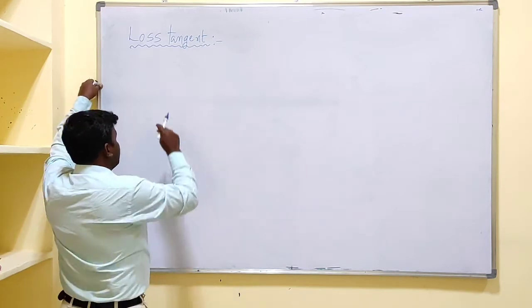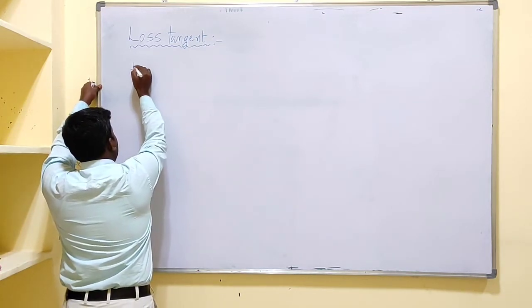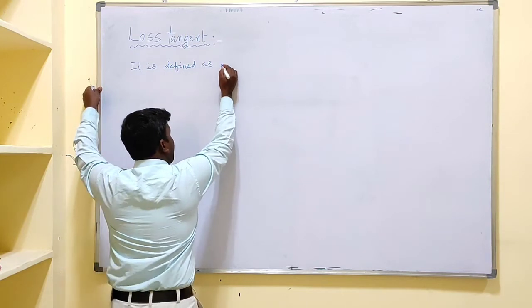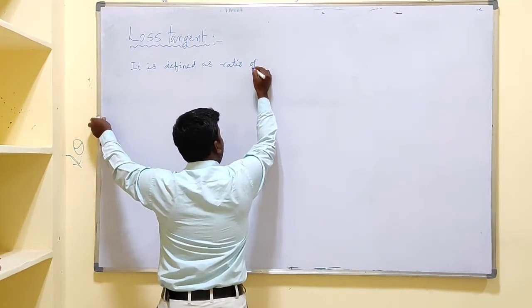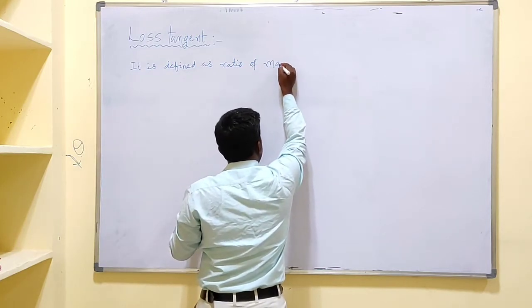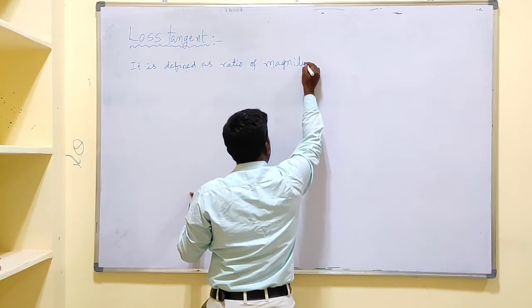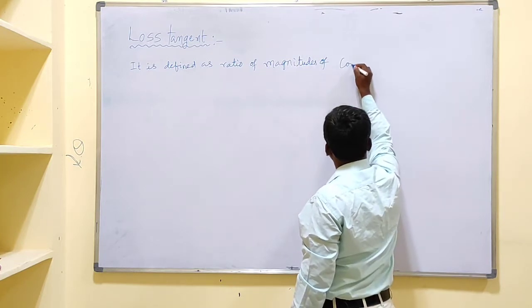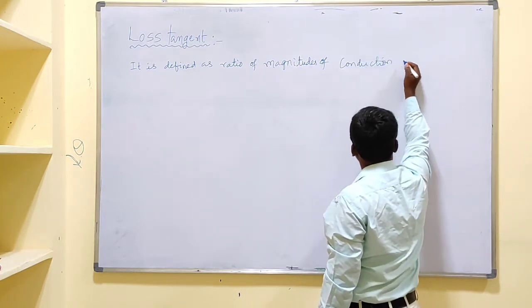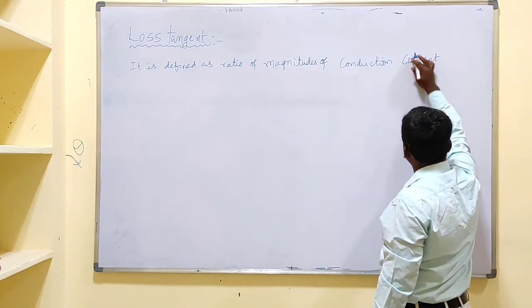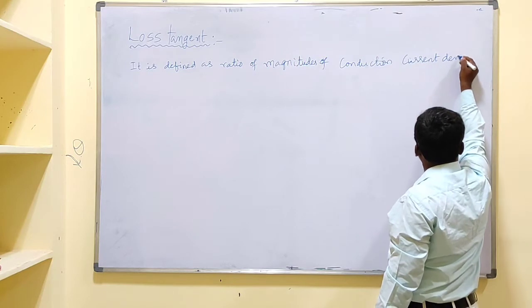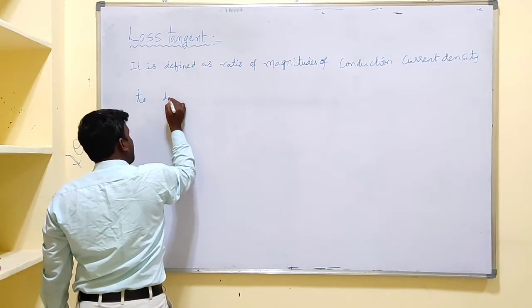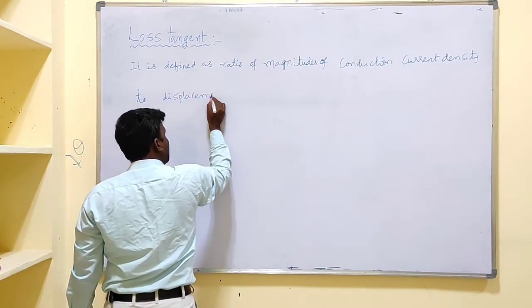Loss tangent is defined as a ratio of magnitude of conduction current density to displacement current density.